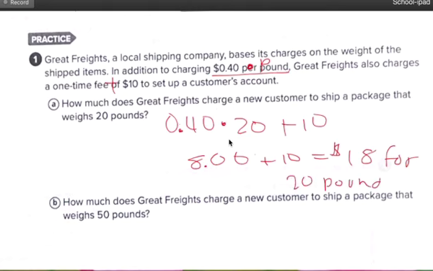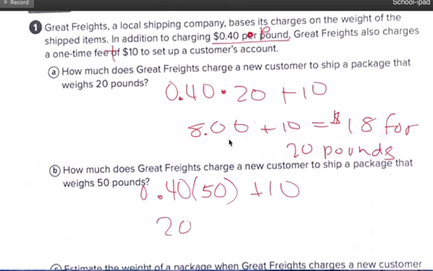Okay, how much does Great Freight charge a new customer to ship a package that's 50 pounds? 40 cents times 50, because it's 40 cents a pound, plus the $10 setup fee. That's 20 with 2 zeros. $20 plus 10 is $30.